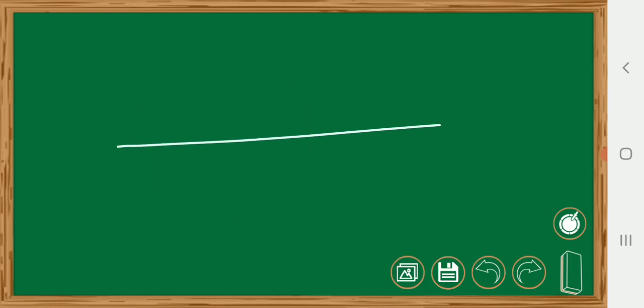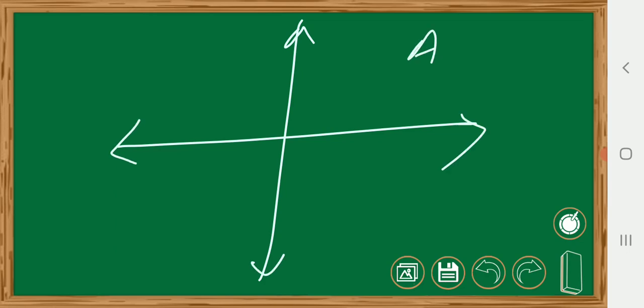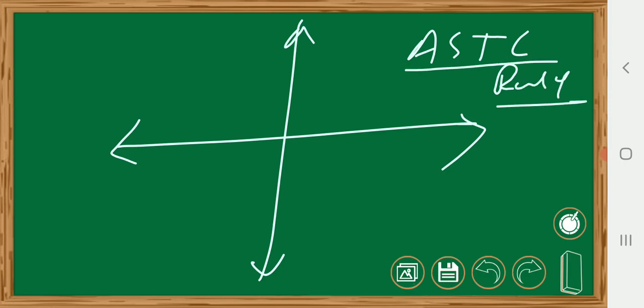So look at this. Today I will concentrate on a rule, that is the ASTC rule. You may read it as: all sine, tan, cos, add sugar to coffee, all school to college. In coding you should remember this.